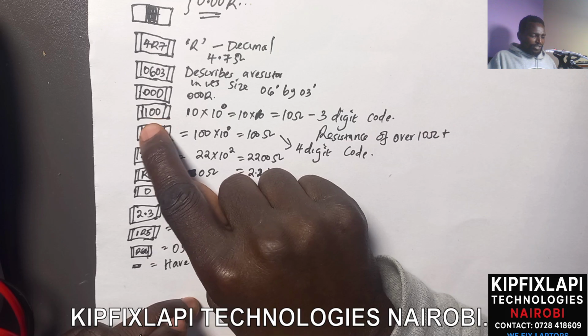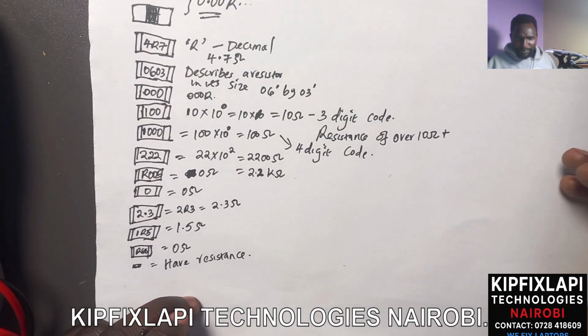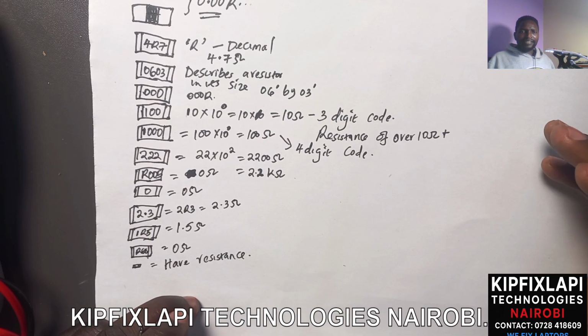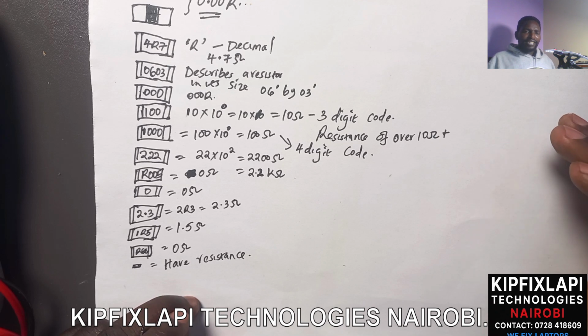If it is three digits, you take the first two, then you multiply by 10 raised to that last digit. And the accuracy for this is plus or minus 0.5%.